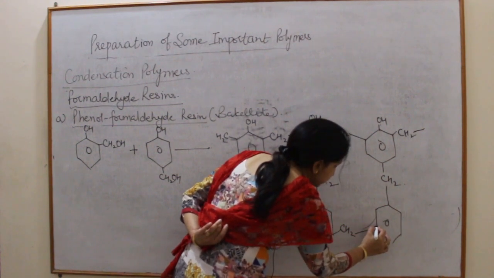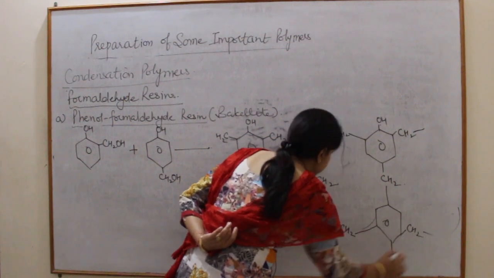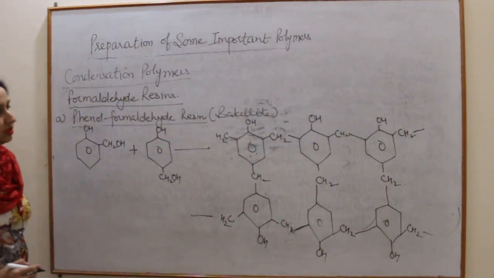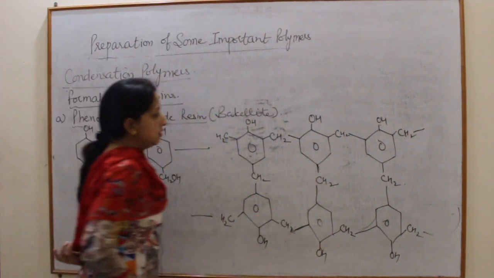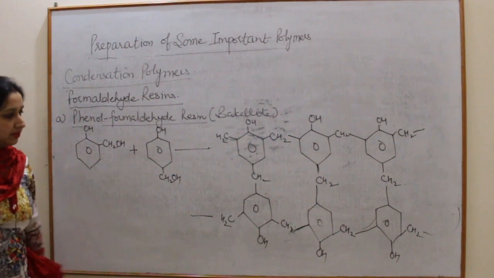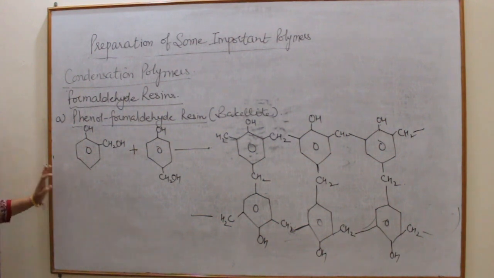So this is joined over here, OH, CH2, CH2. So this is your cross-linked polymer known as bakelite. It is used for the preparation of combs, pens and electrical switches.